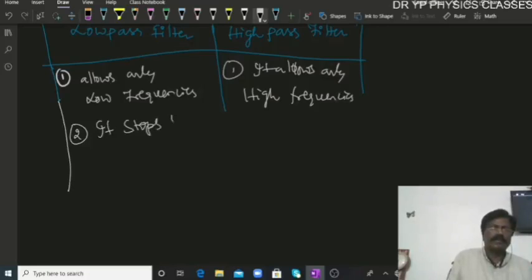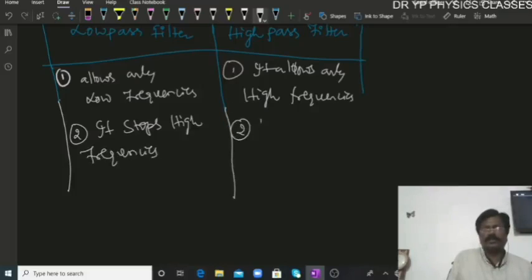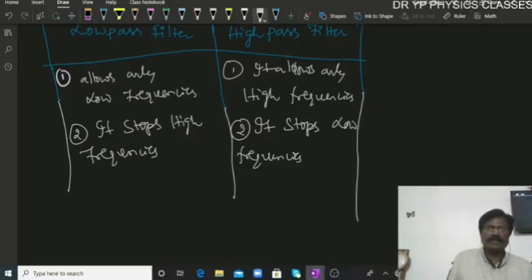And number two, second difference, it stops high frequencies, and here it stops low frequencies. It stops lower frequencies.